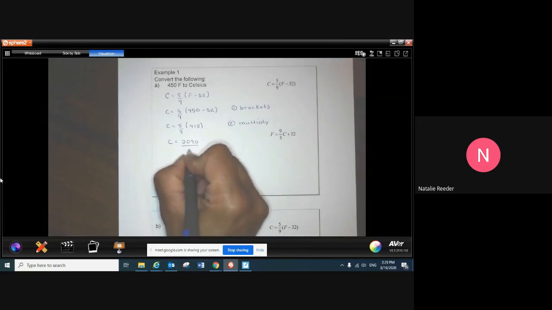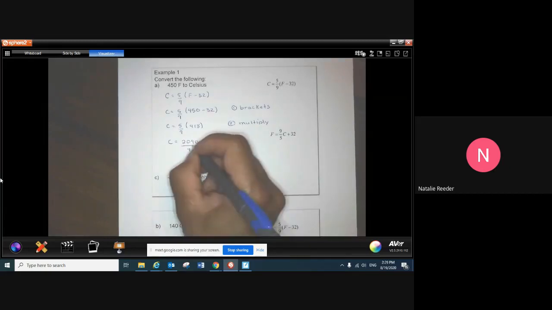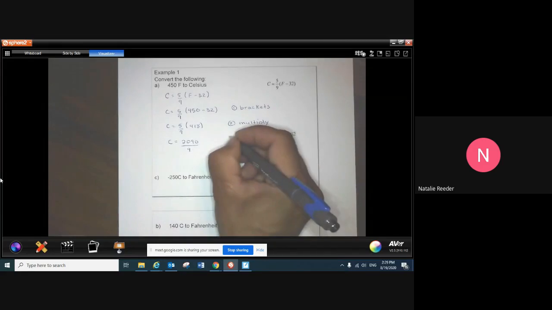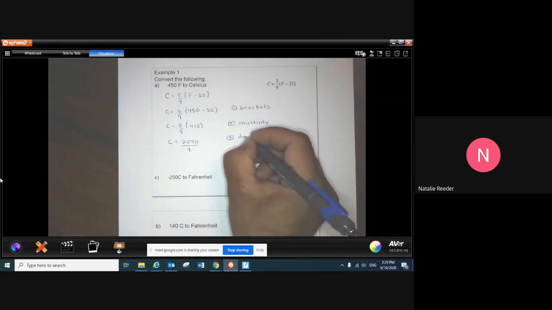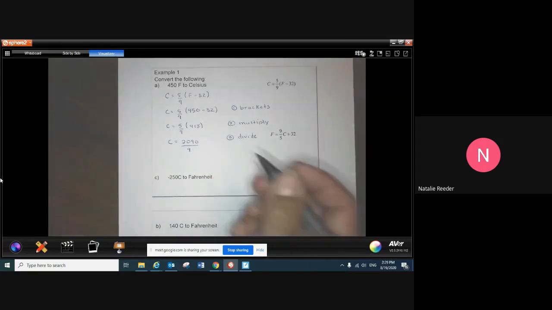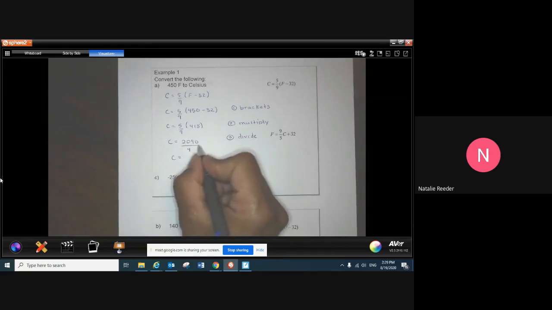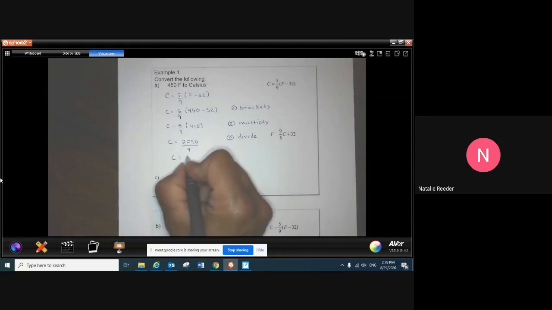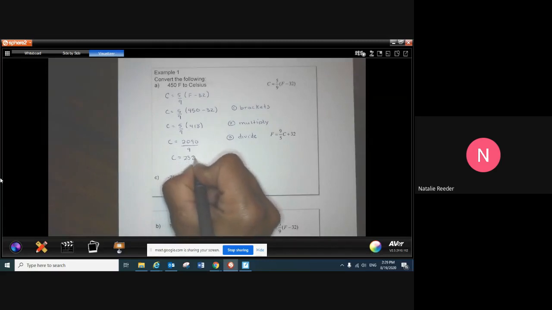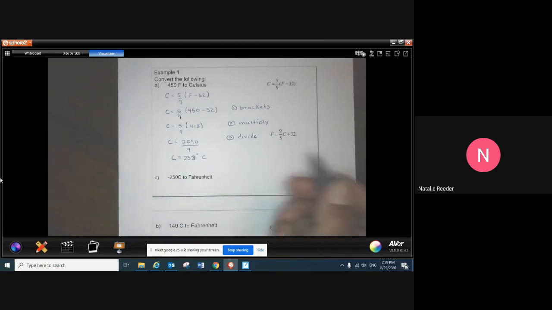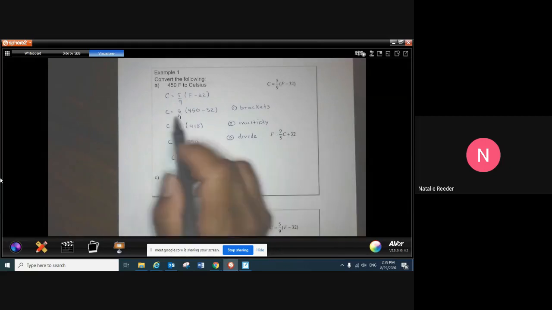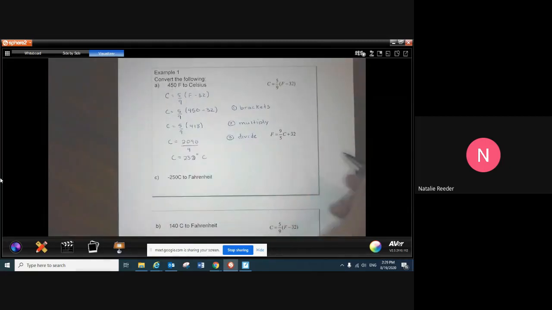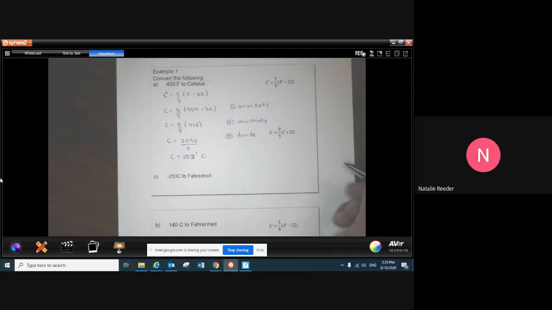And we still have the 9 at the bottom there. This then creates a division. So your third step is to divide. So then 2,090 divided by 9 is 232 degrees Celsius. So 232 degrees Celsius is equivalent to 450 degrees Fahrenheit. So that's how you use that formula.